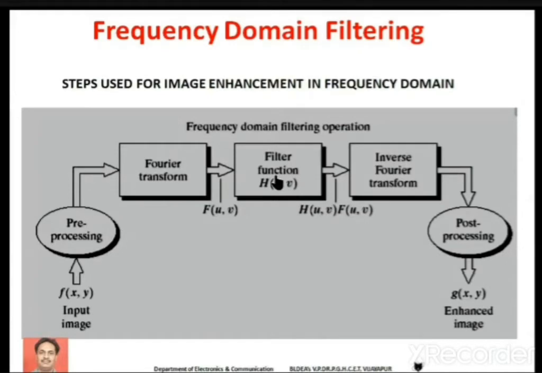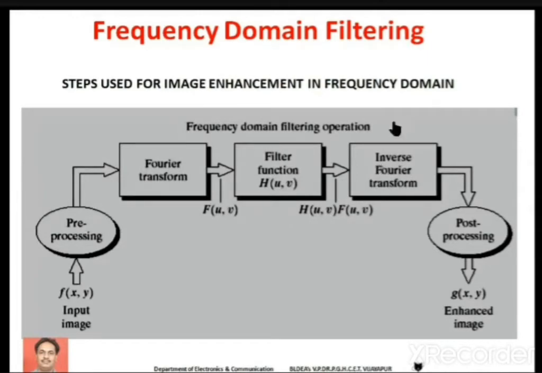To carry out the filtering operation, we multiply F of u comma v with H of u comma v. F of u comma v is the Fourier transform of the input image, and H of u comma v is the filter transfer function.